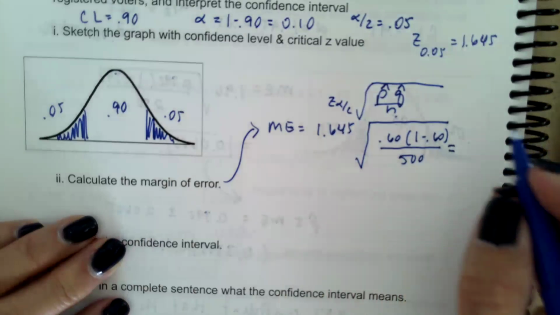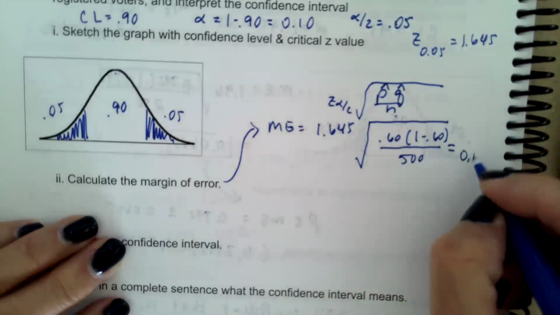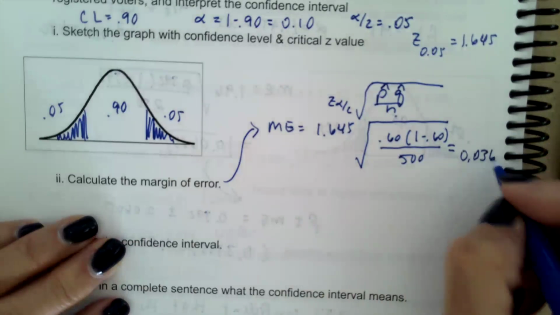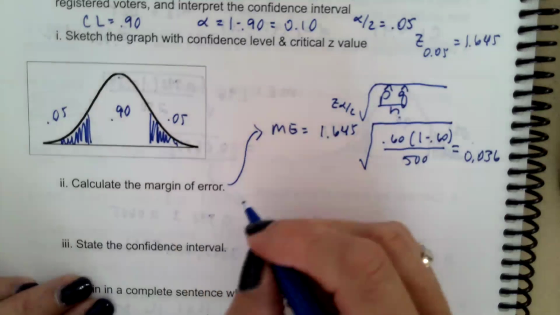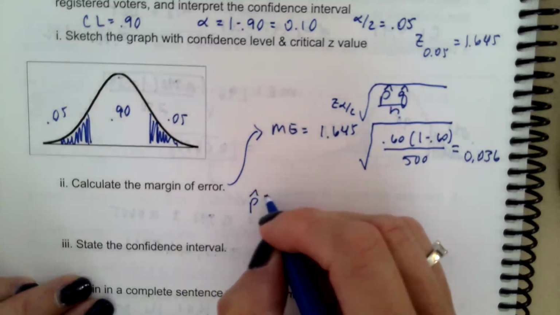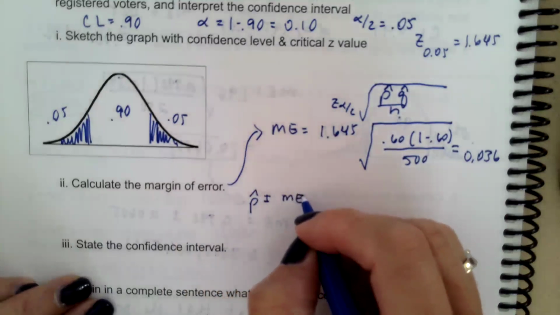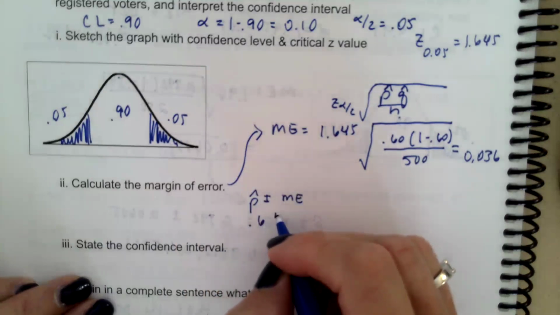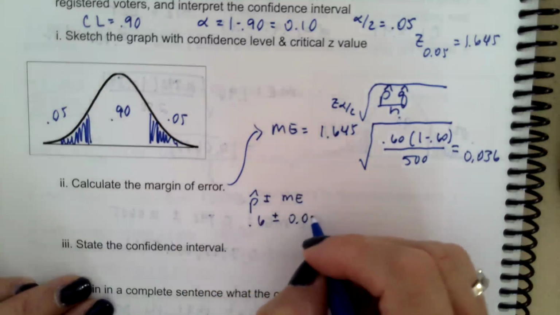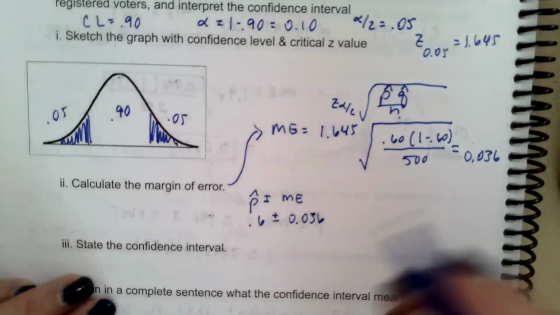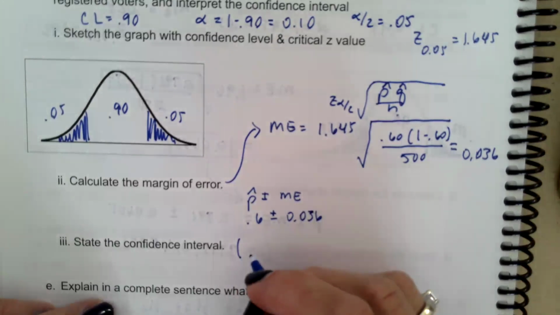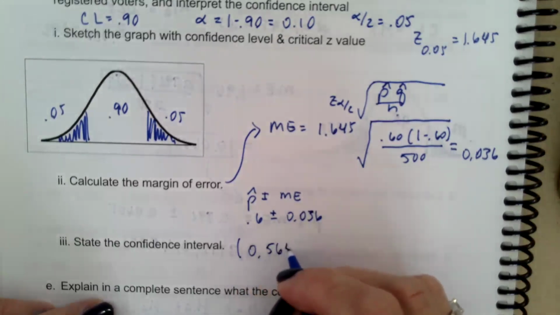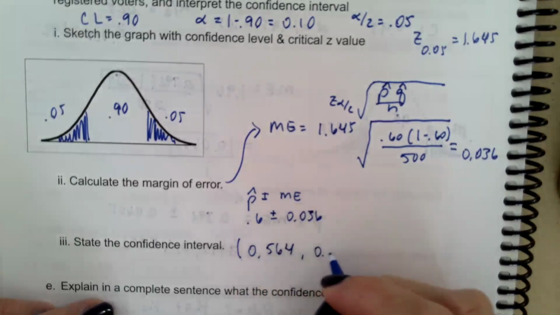And that comes out to be 0.036. So our interval is going to be P hat plus or minus our margin of error. So that will be 0.6 plus or minus 0.036. When we do that, we get 0.564 and 0.636.